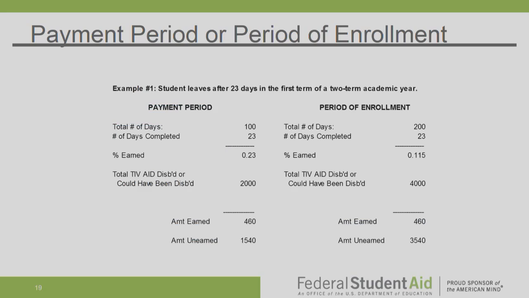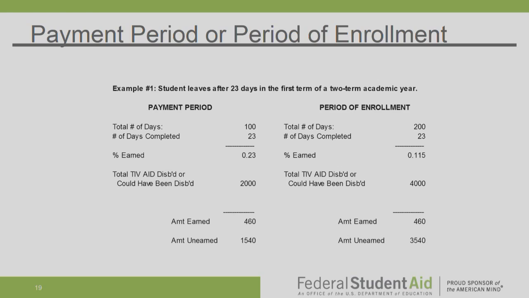In example 1 here, the student leaves after 23 days in the first term of a 2-term academic year. So as you can see under the payment period, they've completed 23 days of a 100-day payment period, thereby earning 23%. The total aid that was disbursed or could have been disbursed is $2,000, so they've earned $460 and therefore did not earn $1,540.